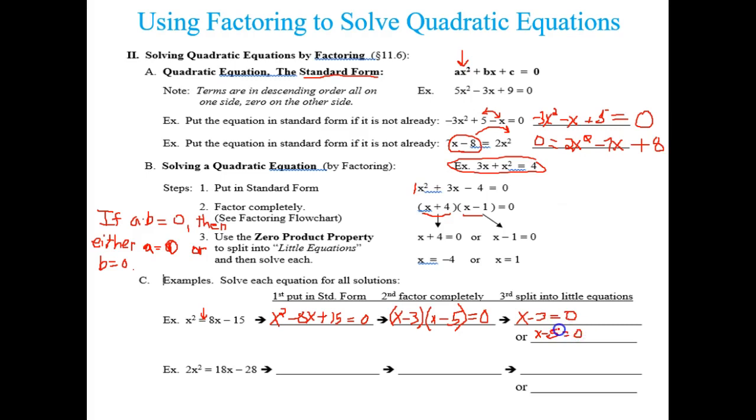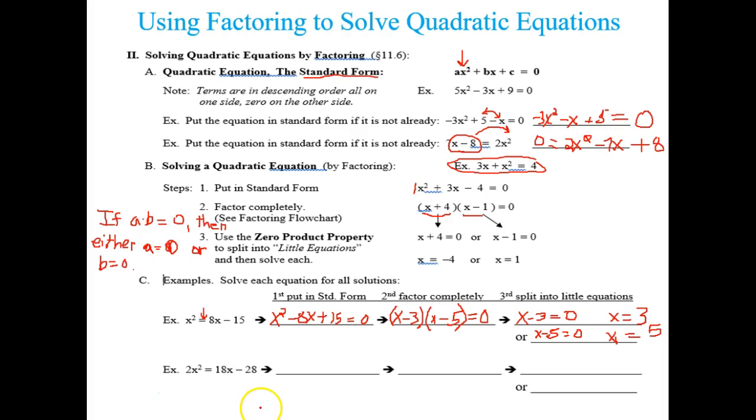Now, in solving the first equation, I would add 3 to both sides, so I'd get x equals 3. In the second equation, I would add 5 to both sides, so I'd get x equals 5. So the two solutions to this equation are 3 and 5. And if you try either of those two numbers in the original equation, then it should work.